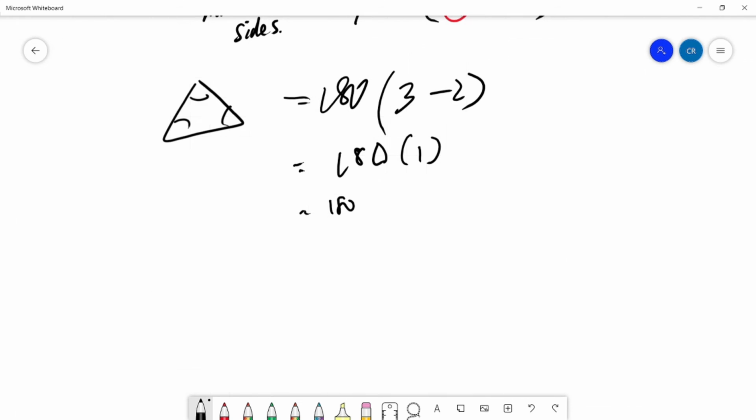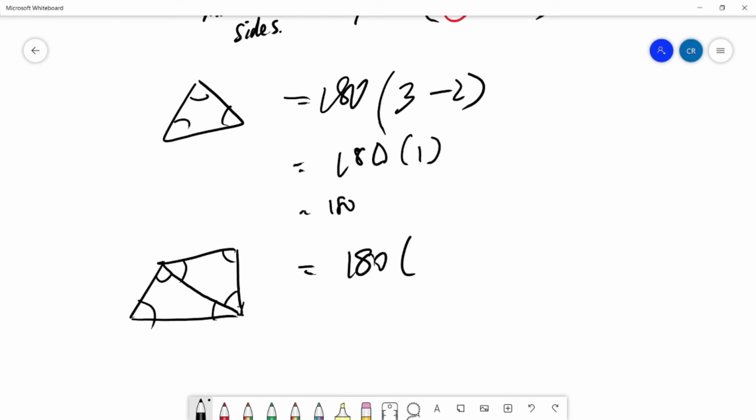How about a 4-sided polygon? Let's say this kind. This is easy. We can just split it up into triangles. So now we have two triangles. Let's use the rule again. 180, how many sides is it? There are 4 sides, so 4 minus 2. There are 2 triangles, so we can just write 2 triangles here.